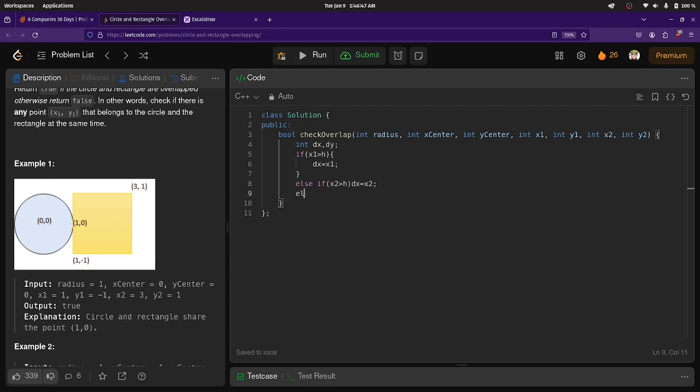Okay, else dx equals to h, x center, and let's make it h for our सुविधा.